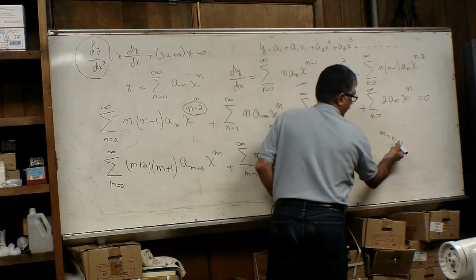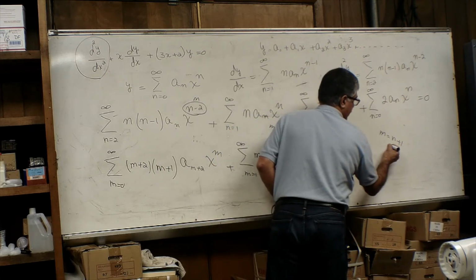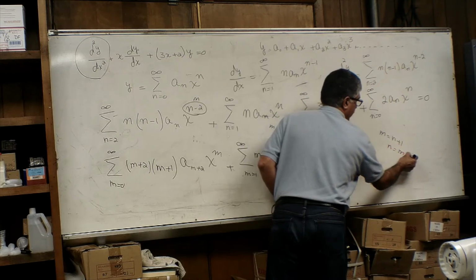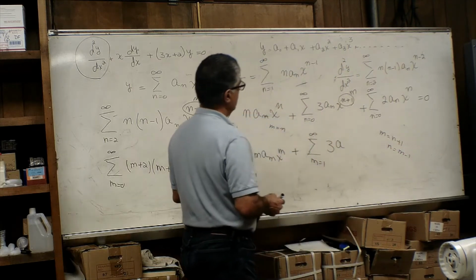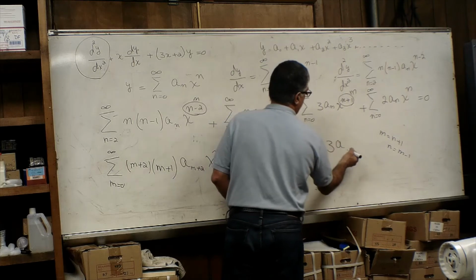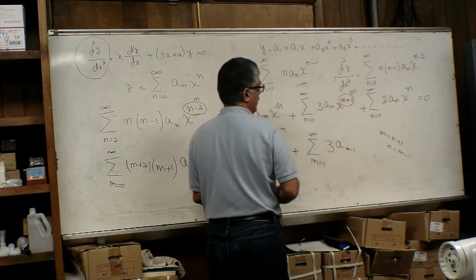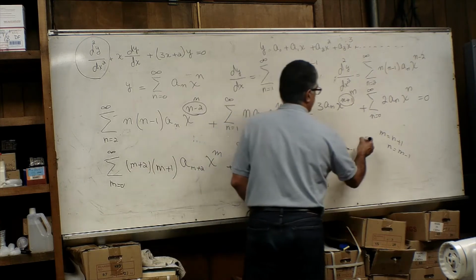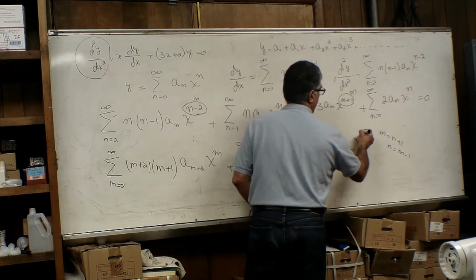If m is equal to that, then n is equal to m minus 1. So this will be a of m minus 1 times x to the power m.